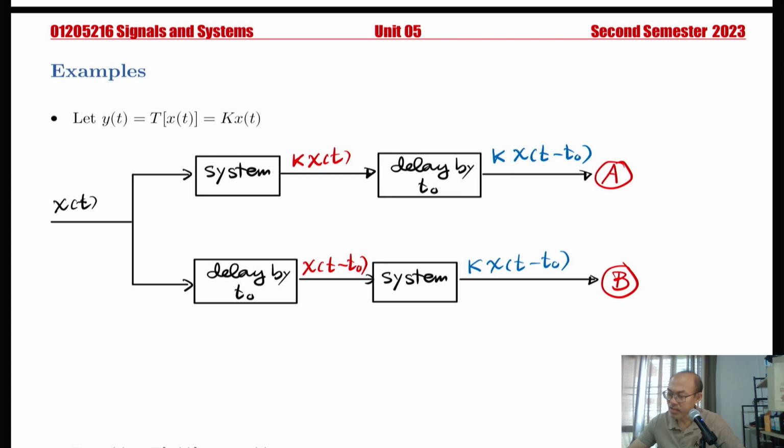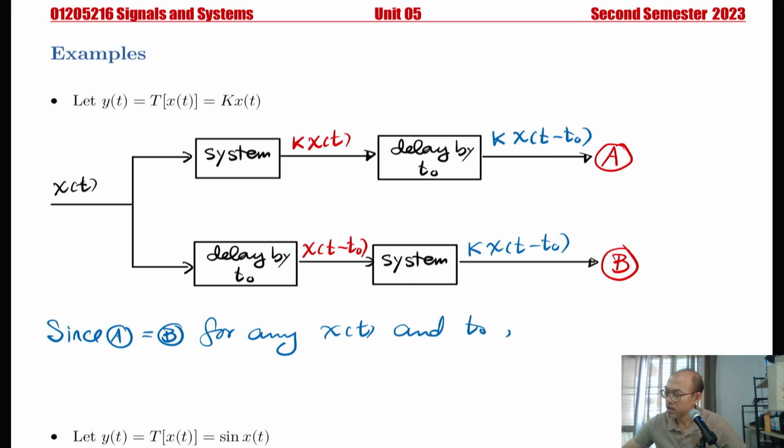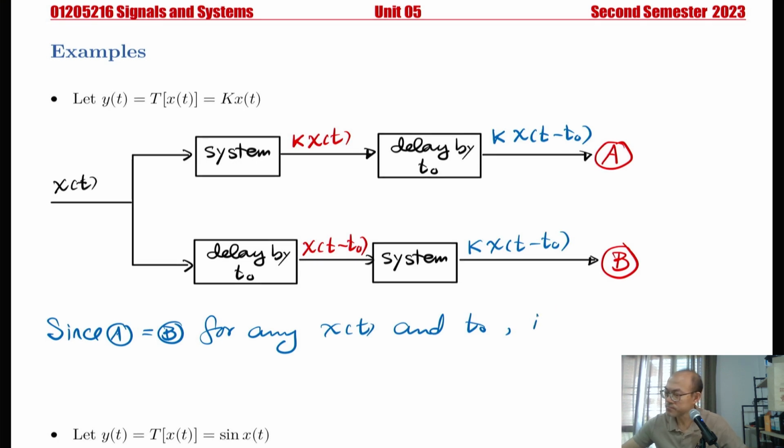So we can conclude that the system here is time invariant, since A is equal to B for any x(t) and constant t0, it follows that this system is time invariant.